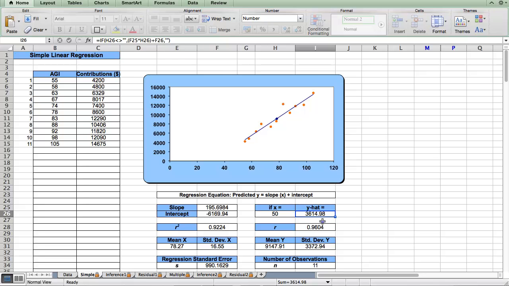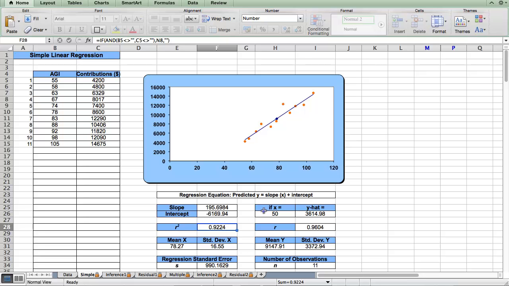And our correlation is very strong at 0.96, and our scatter plot as well shows pretty clearly that there is a strong linear relationship. In fact, the regression equation can explain over 92% of the variation in charitable contributions.